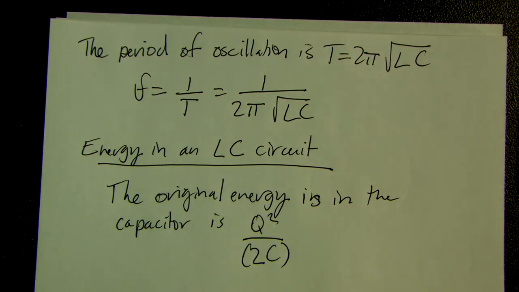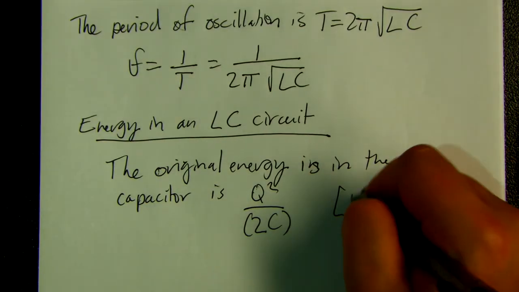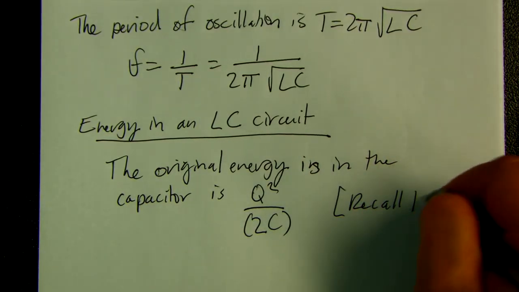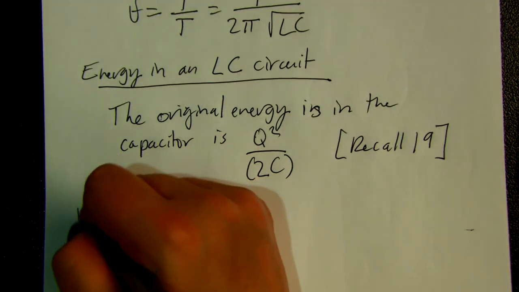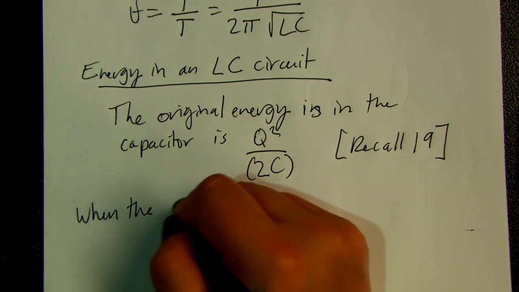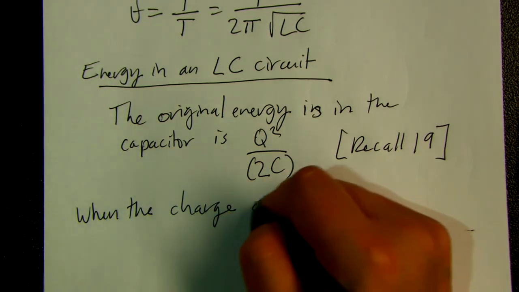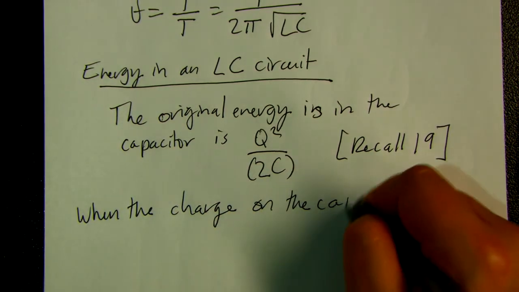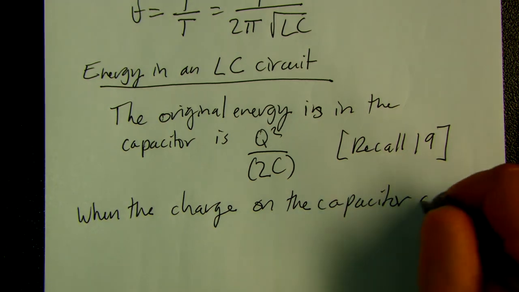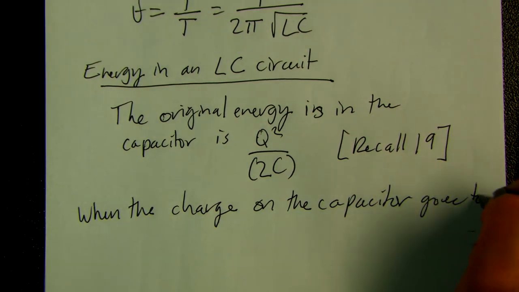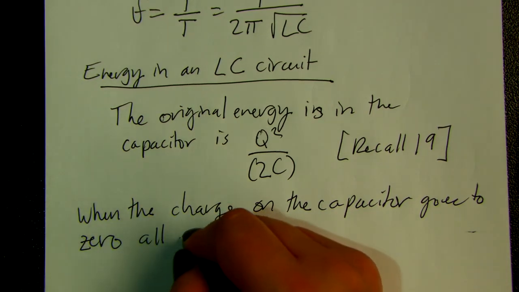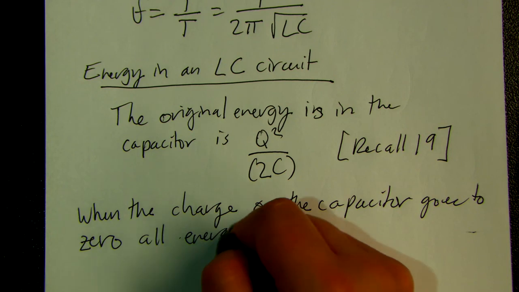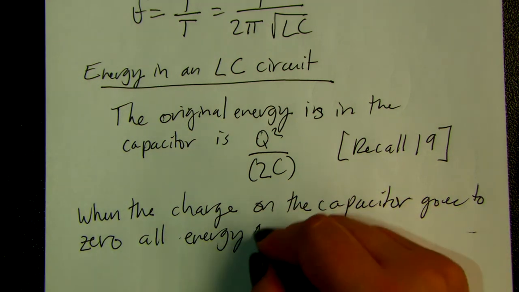All right, it is Q squared over 2C, and you can go back to chapter 19 to see that. All right, so when the charge on the capacitor goes to 0, all energy is in the inductor.